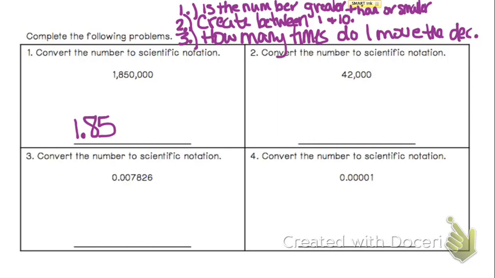Well, my decimal was here at the end, and my decimal needs to move to the right. So it's going to go 1, 2, 3, 4, 5, 6 places to create a number between 1 and 10. So I'm going to say 1.85 times 10 to the 6th power.